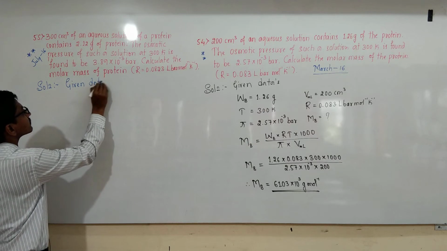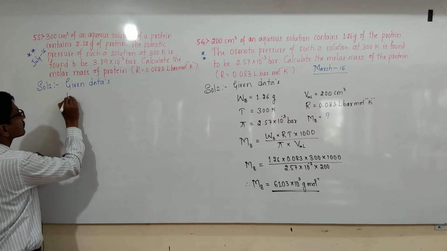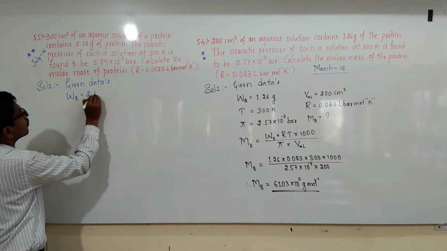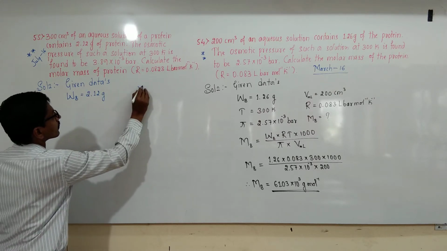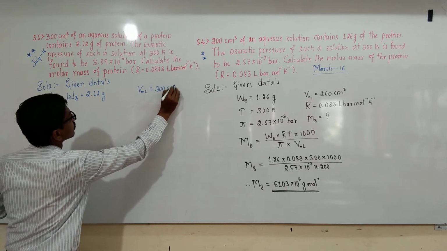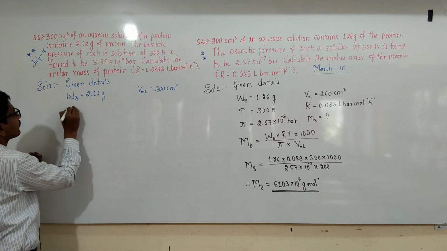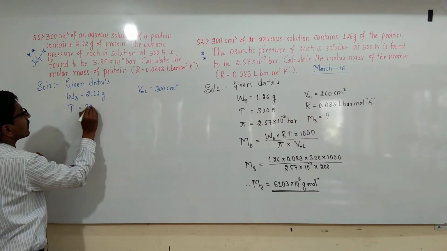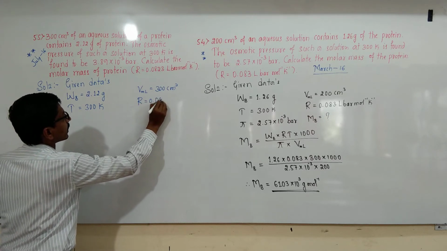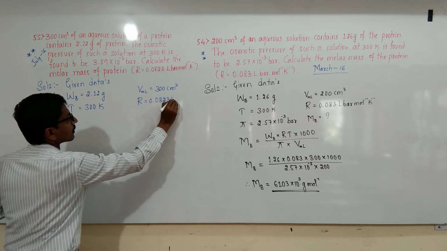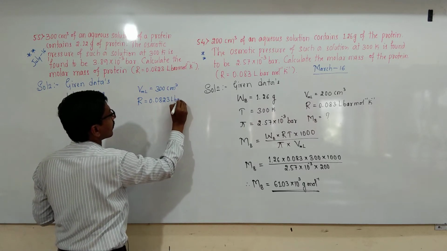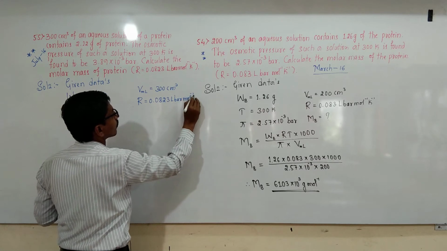Given data: WB is 2.12 gram, volume in ml that is 300 cm cube, then temperature is 300 Kelvin, R value is 0.0823 liter bar per mole per Kelvin.